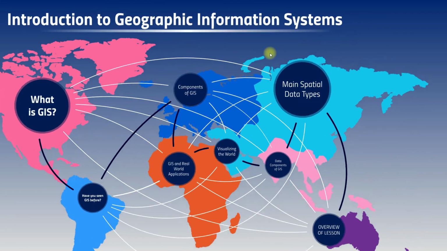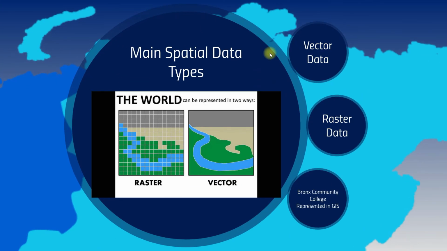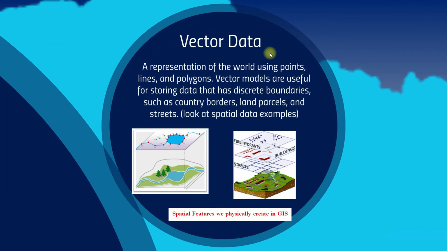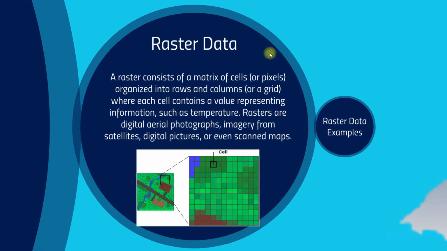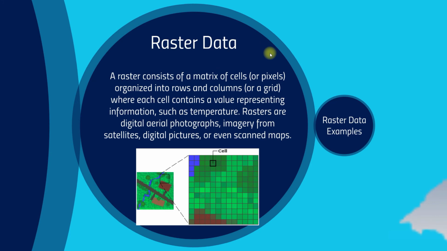So these all are the things, and the main spatial data types are vector data. Vector is the representation of the world using points, lines, and polygons. Vector models are useful for storing data that have discrete boundaries such as country borders, land parcels, and streets.